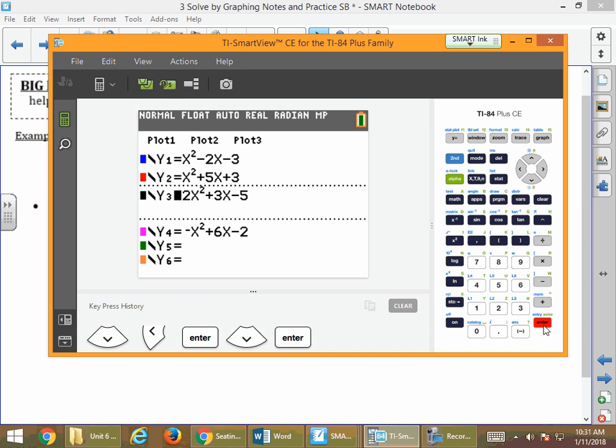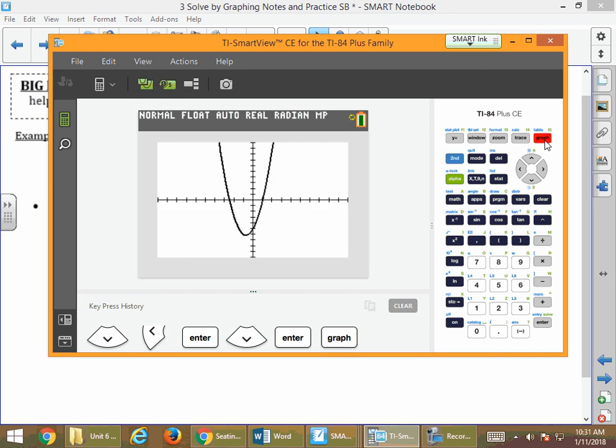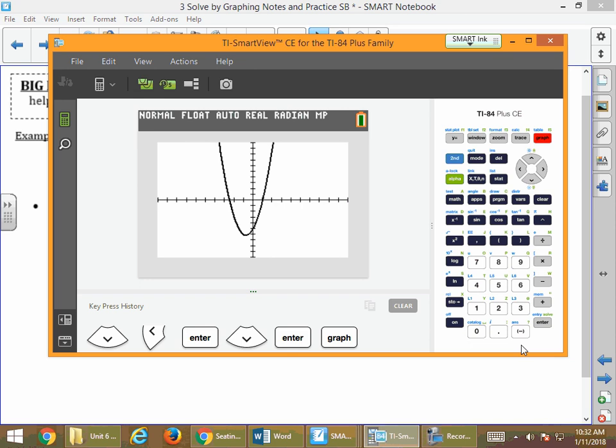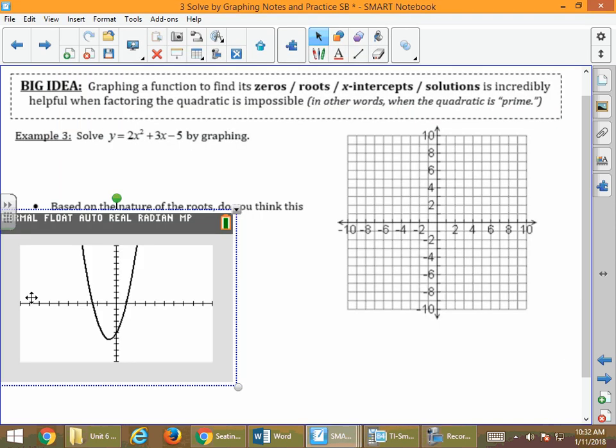But we get it typed in, and let's see the picture. And what we really want to practice is, how do we use our calculator to help us solve? Now that we have a picture graphed here, can we identify the roots? Maybe one of them. And the nice thing for me is that I can put this in here.